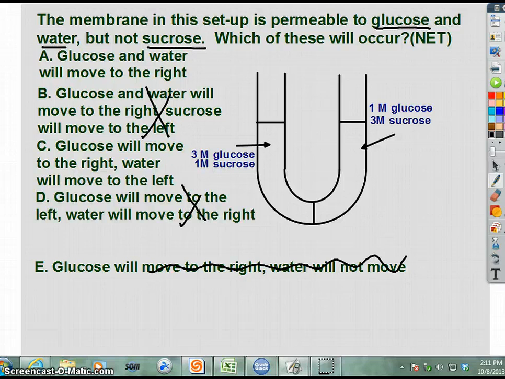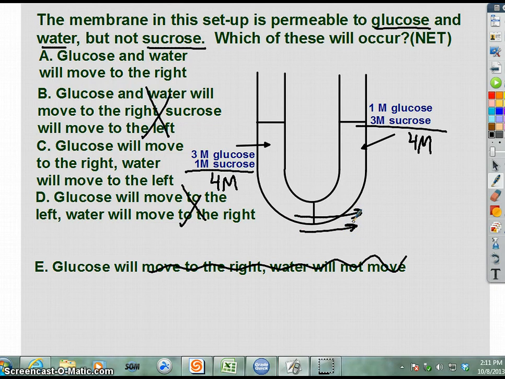There's a couple ways to look at this. First of all, we already said glucose is going to go to the right. Now, at the beginning of this experiment, what is A compared to B? Hyper, hypo, or iso? Actually, at the beginning of this experiment, technically it's iso because there's 4 on this side and 4 on this side. So it doesn't matter what the solutes are. But because the glucose can pass, we just said glucose is going to go to the right.